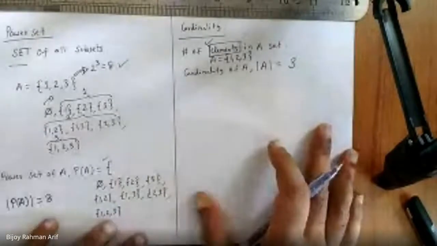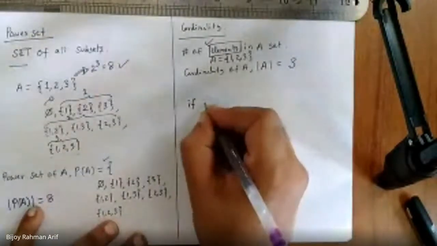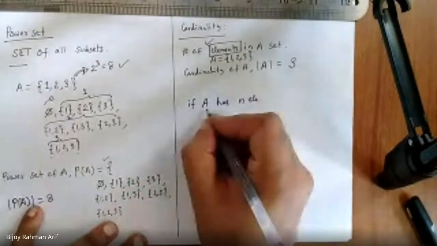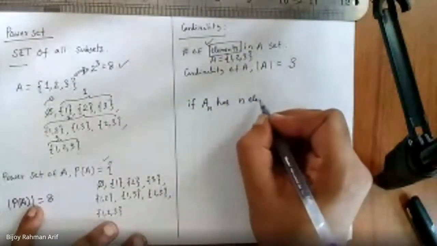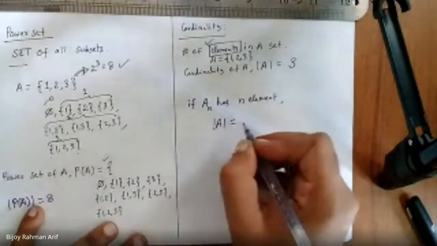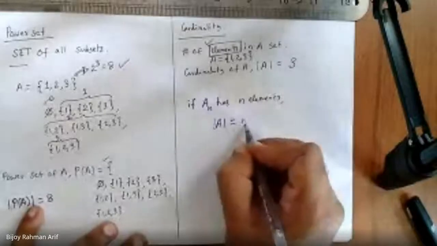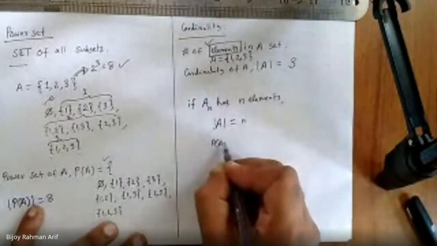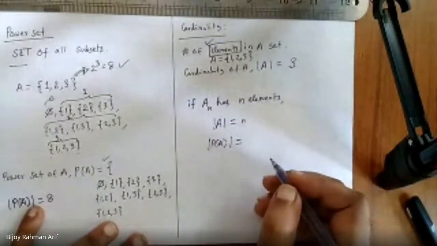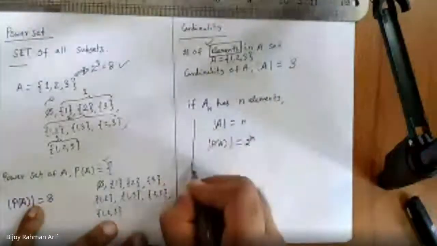So, we can say if A has n elements, then the cardinality of A is what? n. And the power set of A, its cardinality is what? 2 to the power n.